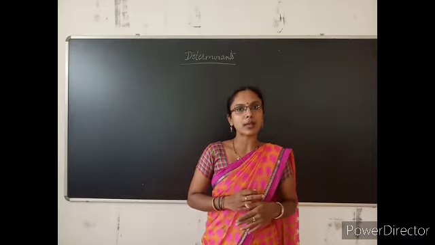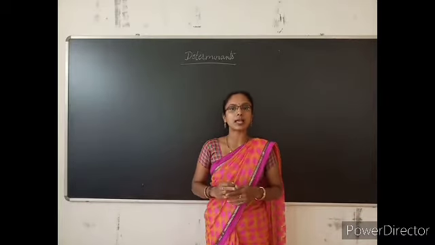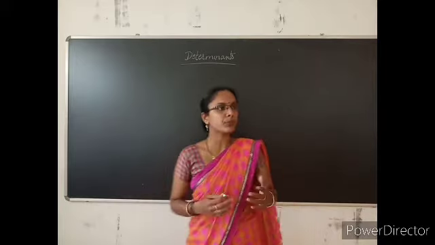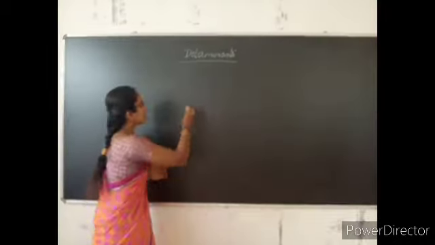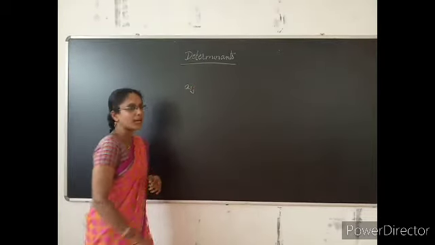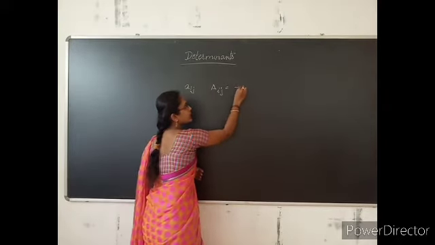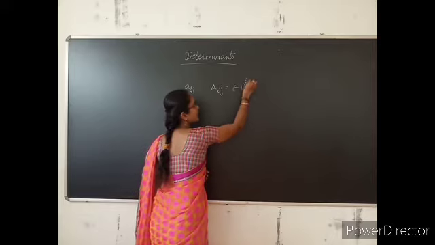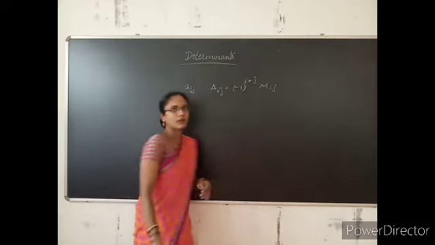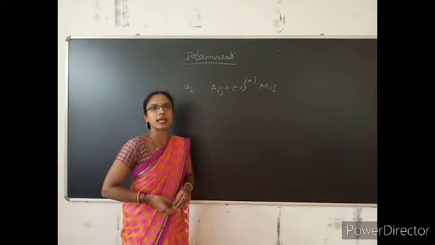Cofactor matrix means finding the cofactor of each and every element of a matrix. So how do you find the cofactor matrix now? Cofactor of an element Aij is capital Aij, which is (-1) to the power i+j into capital Mij, where Mij is the minor of the element Aij.